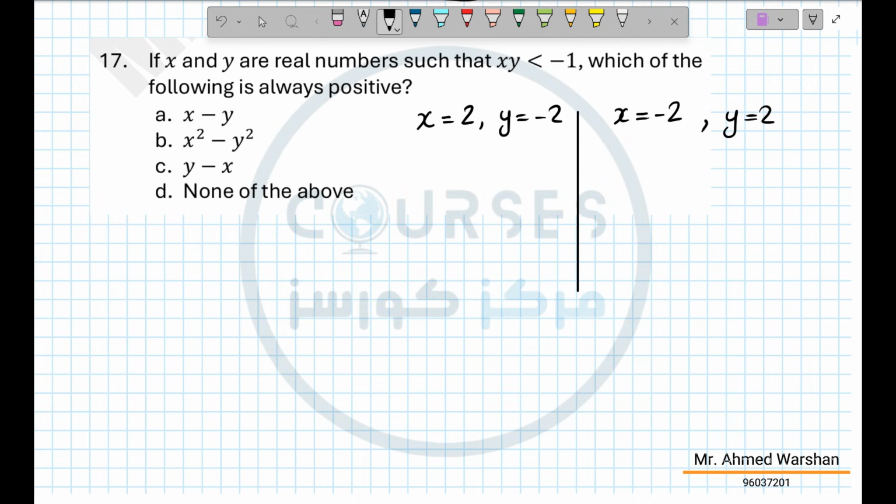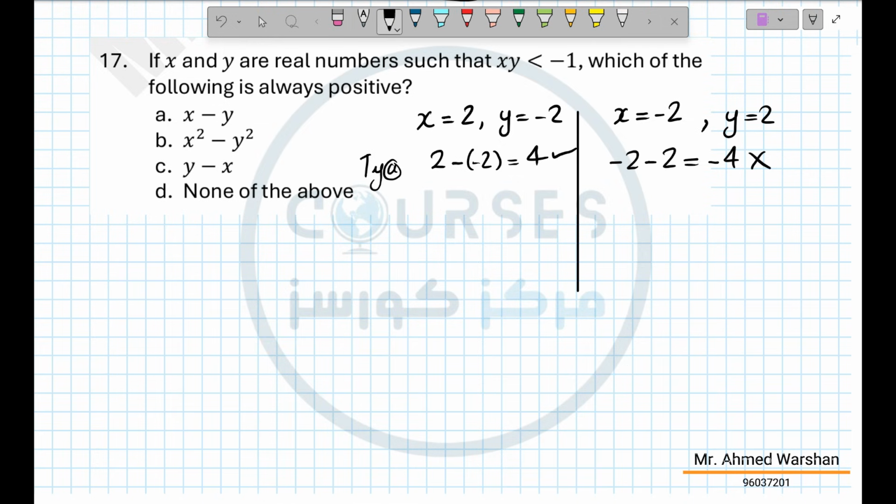Okay, and let's try out the options. Which of the following is always positive? So it has to be positive in both cases. So let's try A. X minus y. X minus y is 2 minus -2, which is 4. That's positive. But if we try the second case, it's going to be -2 minus 2, which is -4.